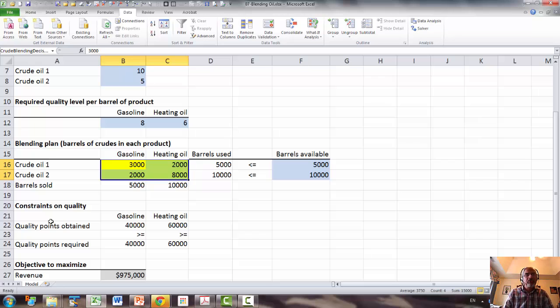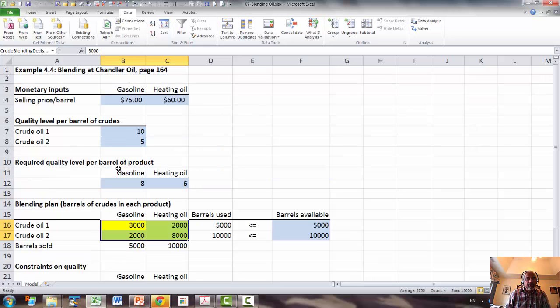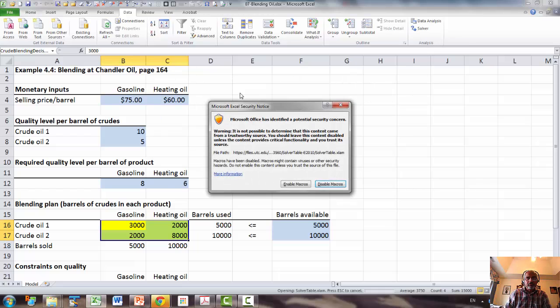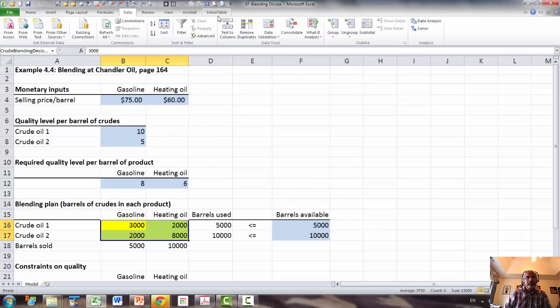Okay, now we're going to use SolverTable for sensitivity analysis. What if the selling price of gasoline, $75 is the current price, and we want to do a sensitivity analysis for that. Okay, let's go ahead and open SolverTable.